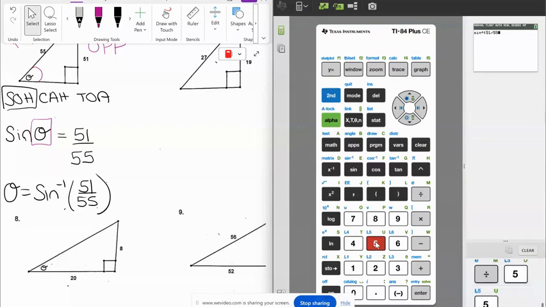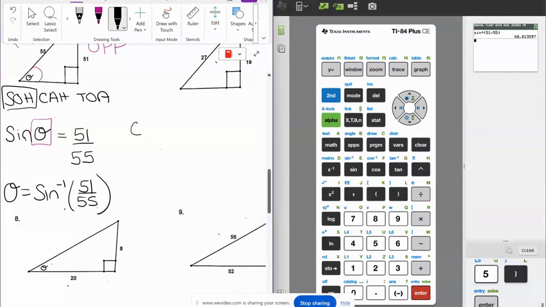And this time I'm going to close my parentheses to make sure that it's all grouped together. To close your parentheses, it's right above the 9. And then enter. And I'm rounding to the nearest tenth. So what is this going to be? Theta is approximately 68.0.